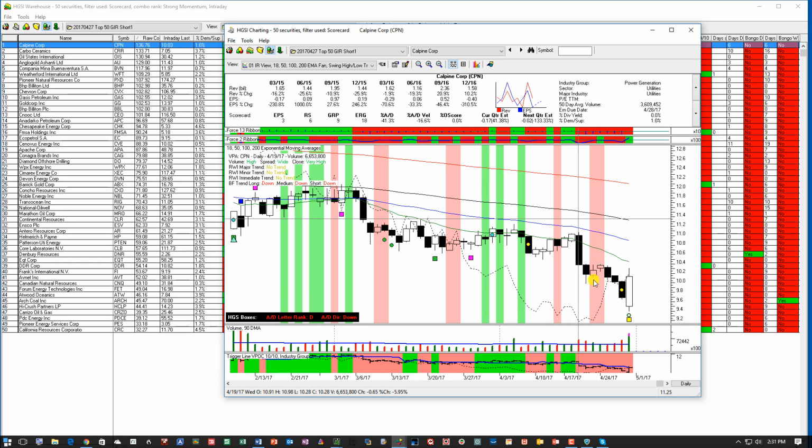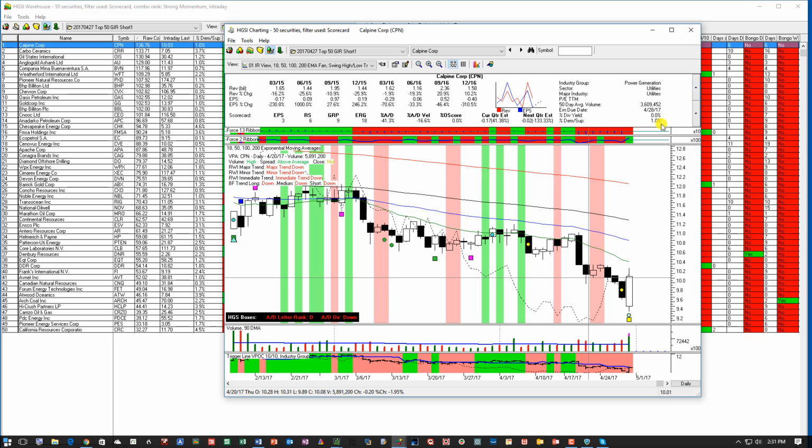That would have been a good short day, and every one of these rose-colored bars that I use in this chart indicates an opportunity to short. What happens is these stocks sell off, and then they bounce back a little bit, and then when that low is taken out from the prior day to the downside, that is a good position to short.